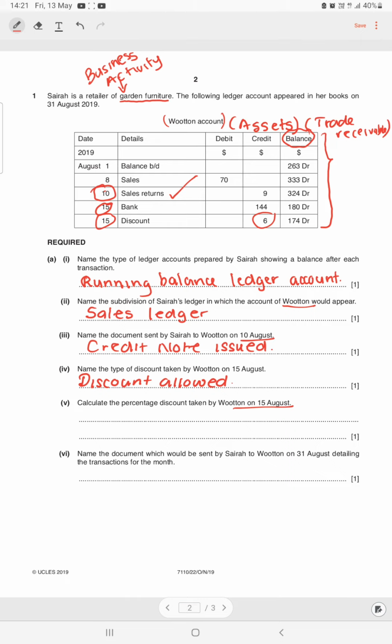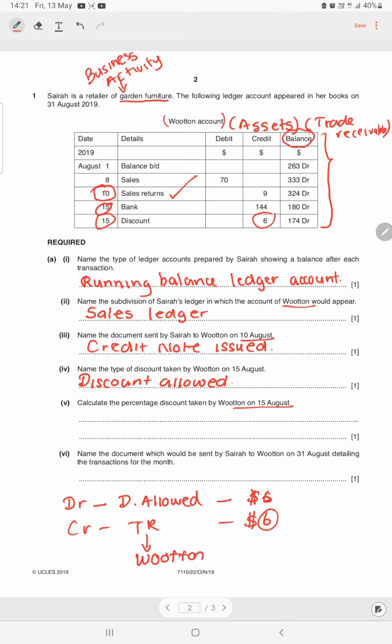Since you are not receiving the $6, you are going to bear it as an expense, which is why you debit discounts allowed $6 and credit trade receivable Bhutan. As you can see, that is a credit entry on Bhutan's account of $6.